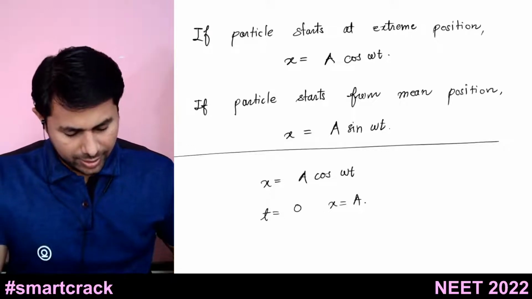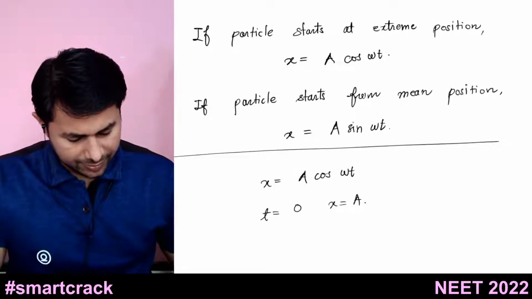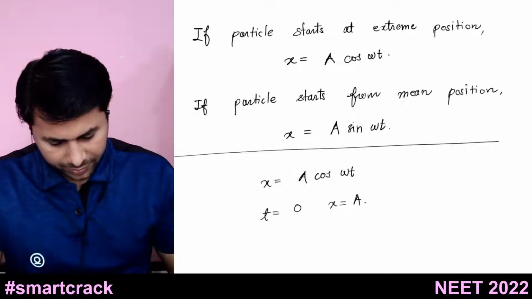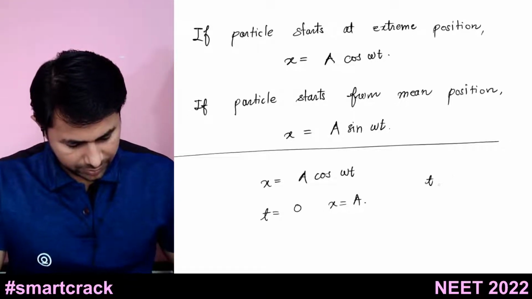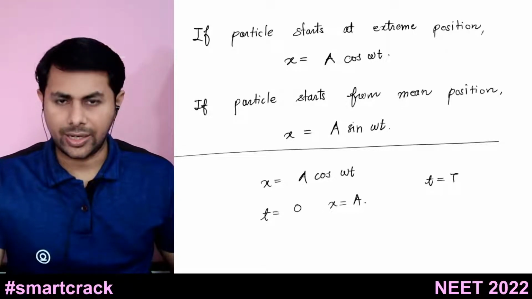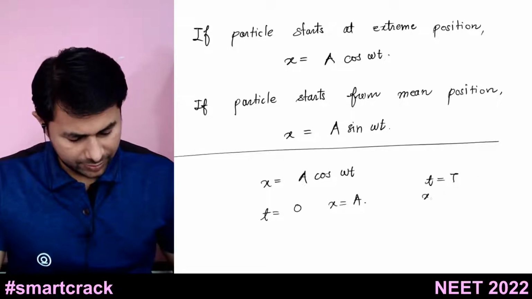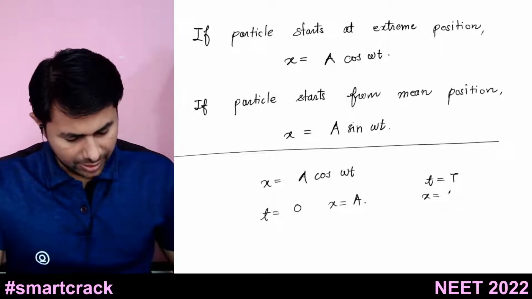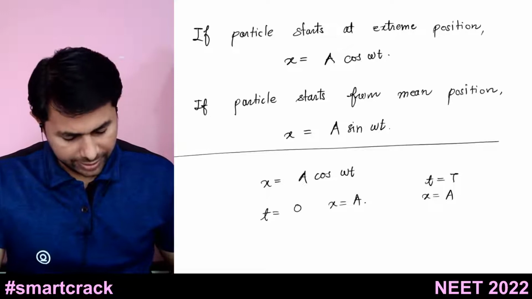So let's say at t equals capital T, what happens? x is equal to A again. So let's substitute that.